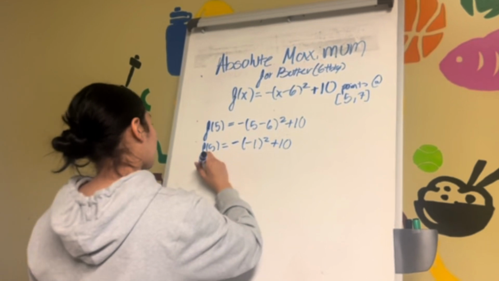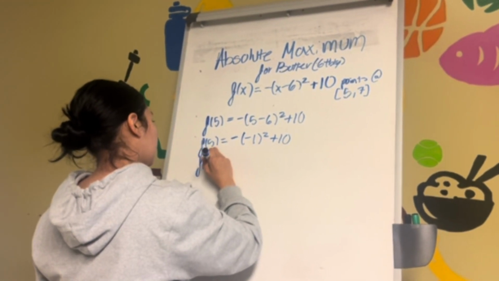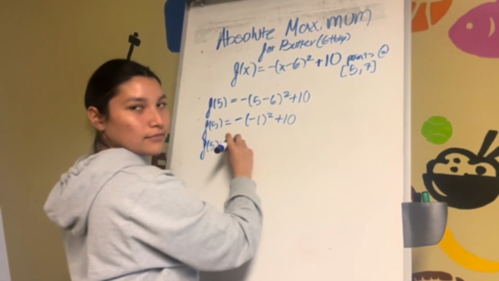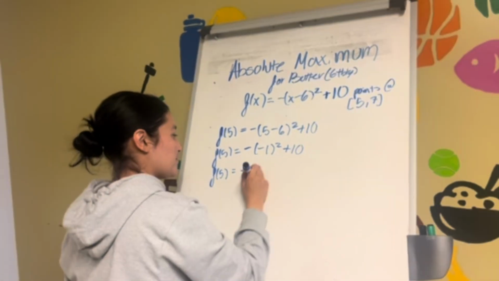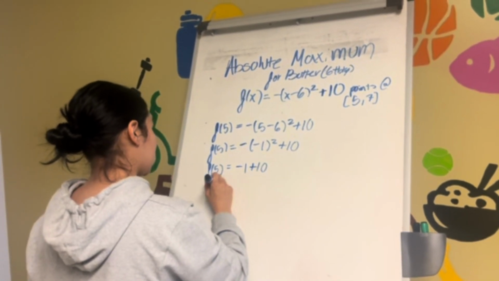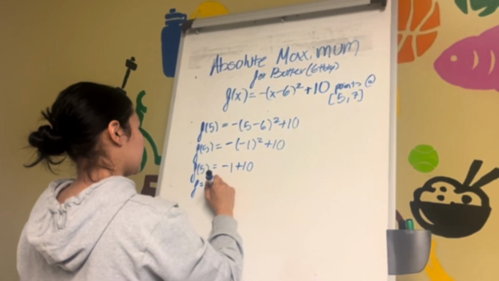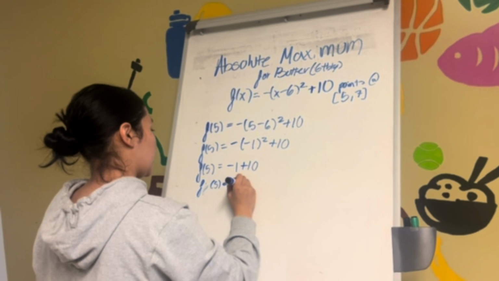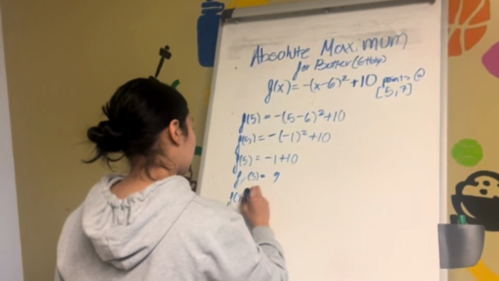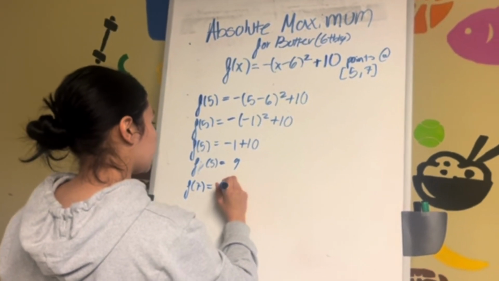This gives us negative 1 plus 10, which is 9. So now we know f of 5 equals 9. We'll now be plugging in our next point, f of 7.